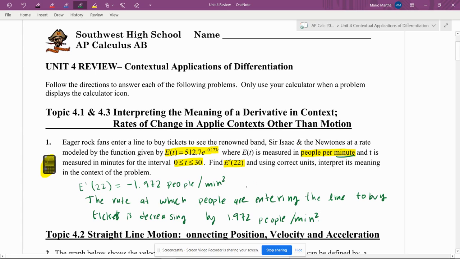All right. If you guys notice one thing again, some of you keep making this number negative. If I'm already saying the word decreasing, that means that the value is negative. So therefore it is going down.